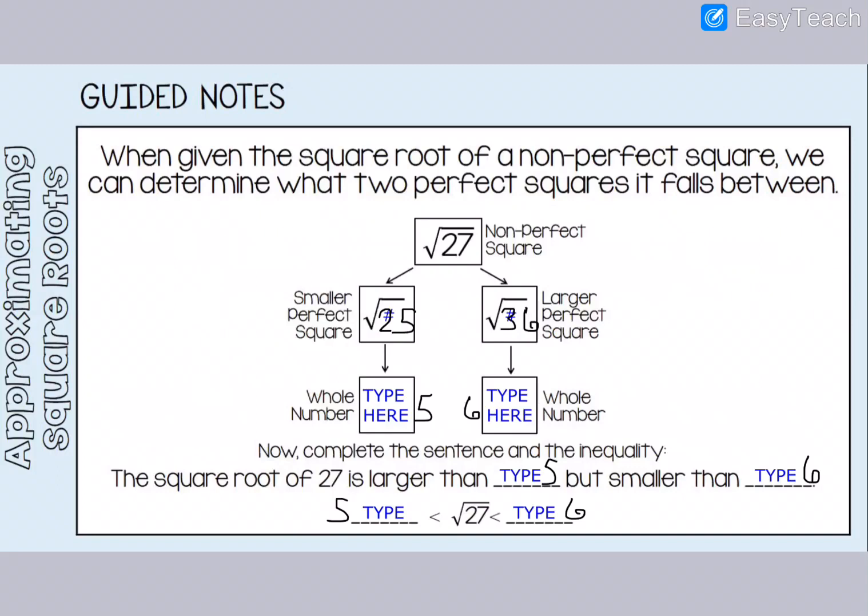Oops, sorry about that. Hold on one second. I just want to double check that I am doing that the proper way, because the square root of 27 is going to fall in between 5 and 6. You can catch up on writing these notes down.